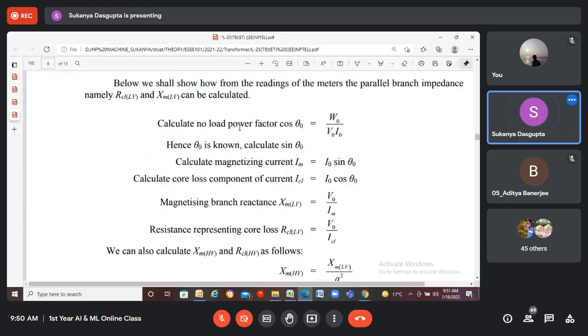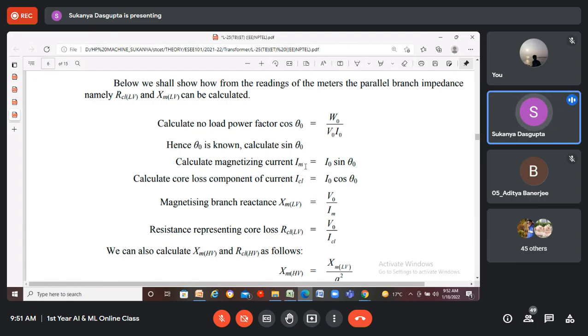And next, we'll measure the no load power factor cos theta 0 using the relationship W naught by V naught I naught. V naught and I naught will be measured by the voltmeter and ammeter connected with the low voltage circuit, and this W naught is the wattmeter reading. Okay.